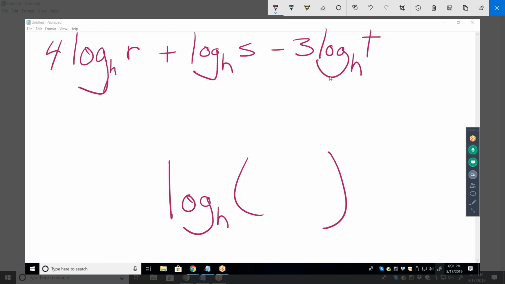What can I do with that 4? No. When you have a leading coefficient, you make it the exponent. So that 4 goes right there. What can I do with this 3?